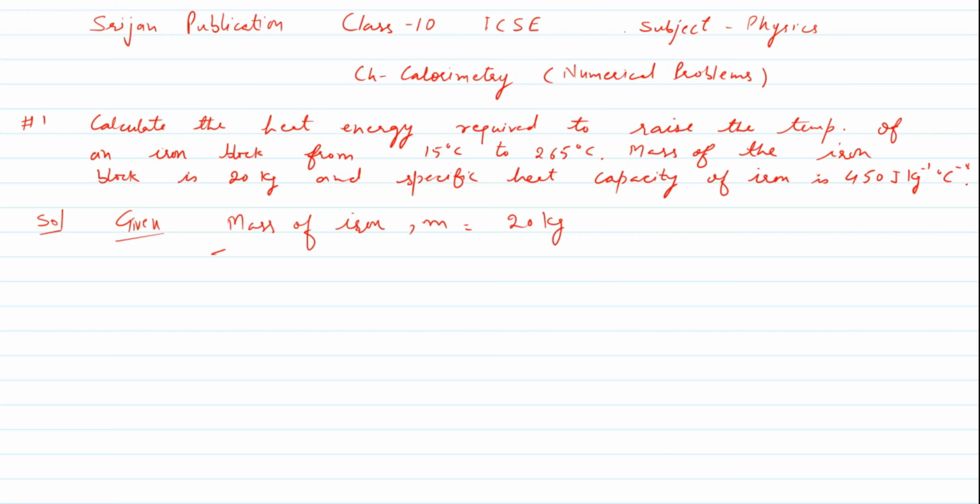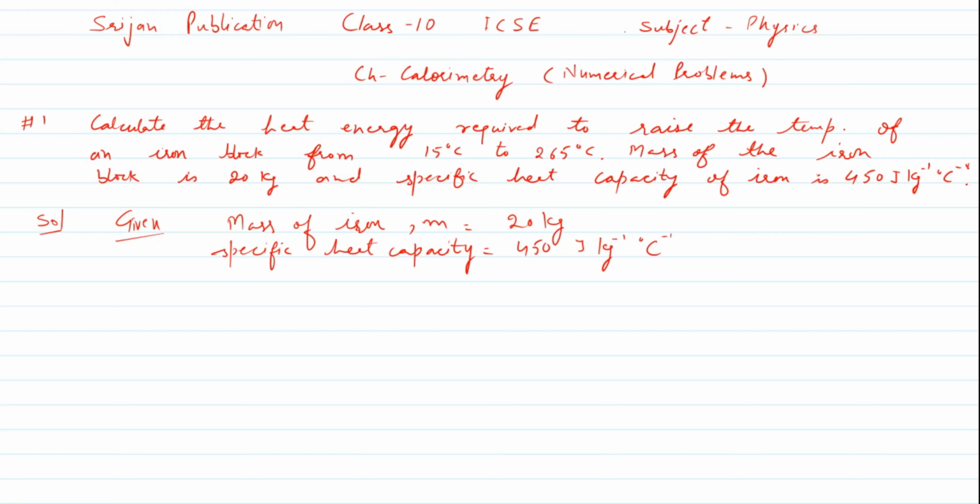Specific heat capacity is 450 joules per kg per degree Celsius.